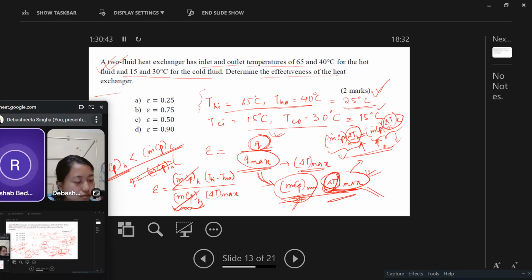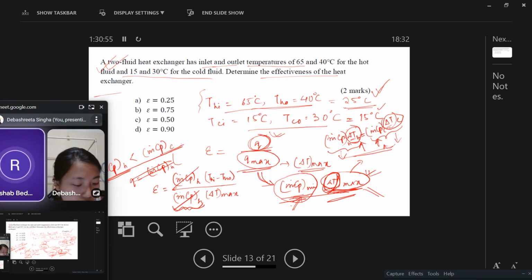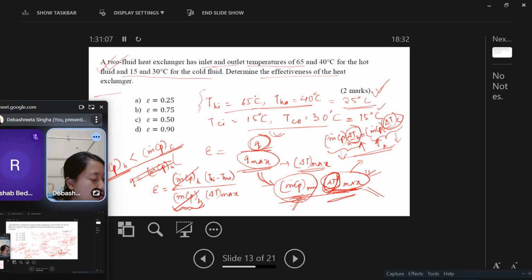We just think about there is no MCP given. Even in GATE, such questions are asked. This question is very helpful from the exam point of view. But previous questions are already solved in the assignment. This type of question is very good.